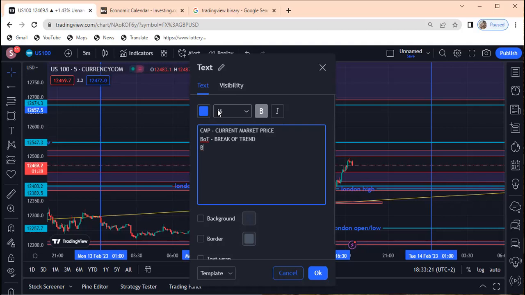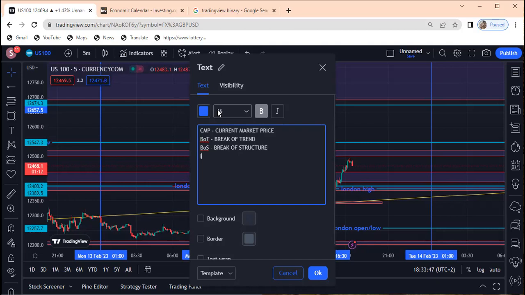And then there's BOS, which is break of structure, which is when we're looking for a structure to get broken in the market, which will give more confidence to our movement. You see that.